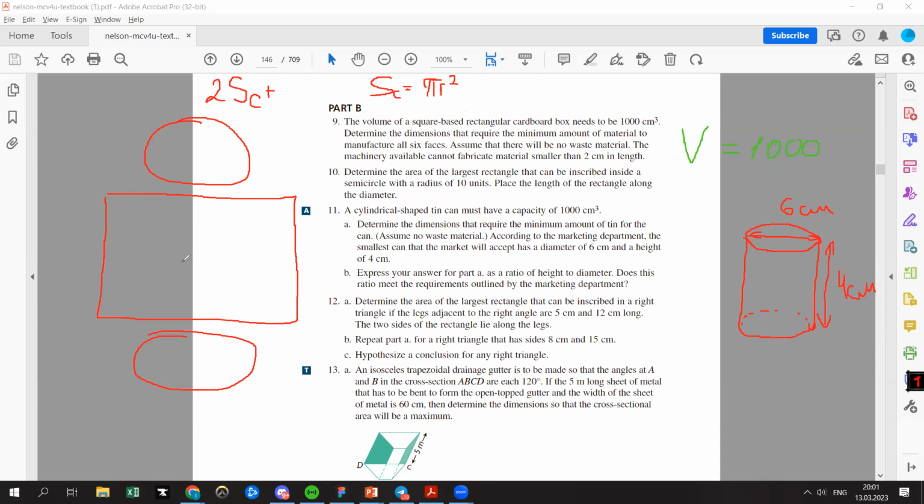The surface of this rectangle would be its width by length, right? So here we know width would be the height of the cylinder, and the length would be the length of a circle, basically 2 pi r. So you would say width equals height and length equals 2 pi r.